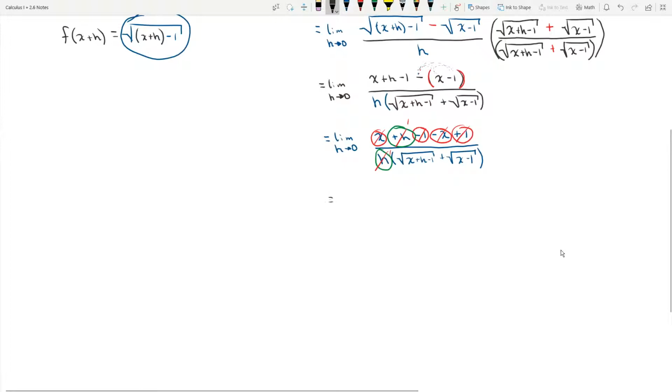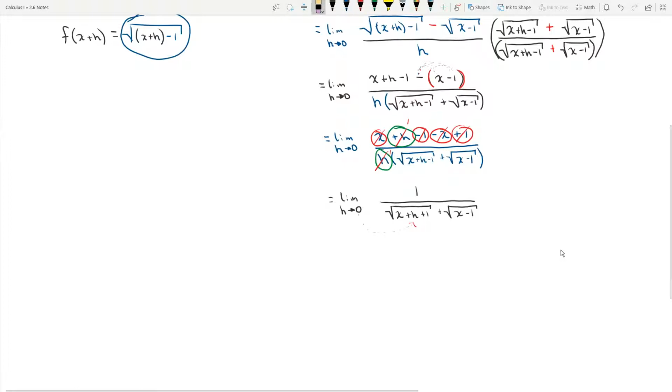And that will leave us with the limit as h approaches 0 is now effectively 1 over the square root of x plus h minus 1 plus the square root of x minus 1. And now, if we substitute our h with a 0, we don't have a problem.